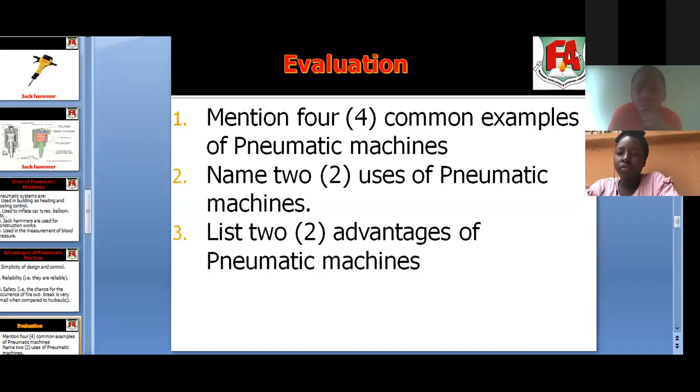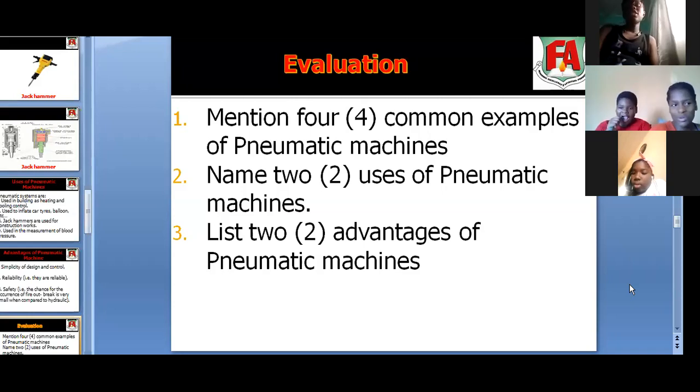Okay, let's go to question number 3. List 2 advantages of pneumatic machines. Simplicity of design and control. Who is talking now? Advantages of pneumatic machines.